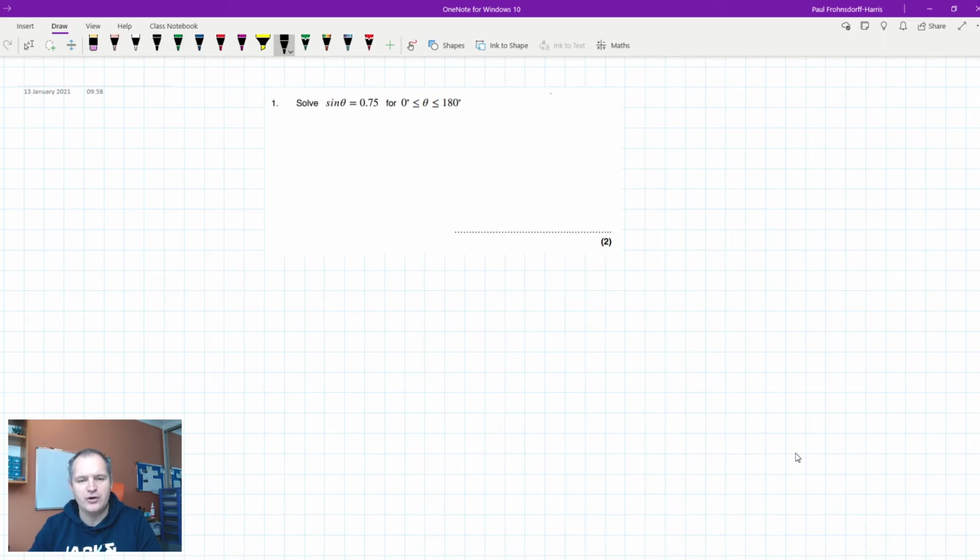But if it only goes from 0 to 180, you only use that bit of the curve. So it only goes from 0 to 180, but this will still have two solutions. We can see what they're going to be, but we don't know until our calculator tells us sin to the minus 1 of 0.75. So theta equals 49 degrees, 48.5 it gives me. 49.